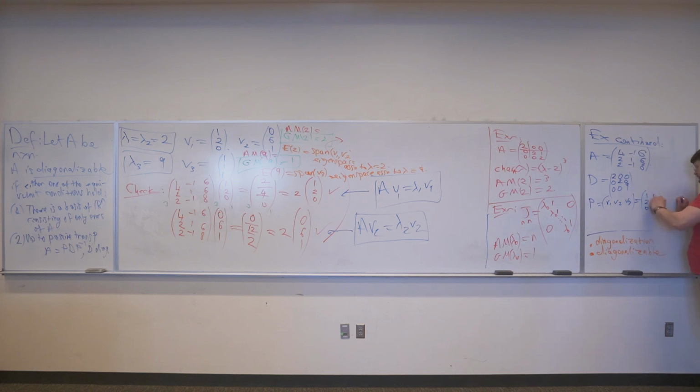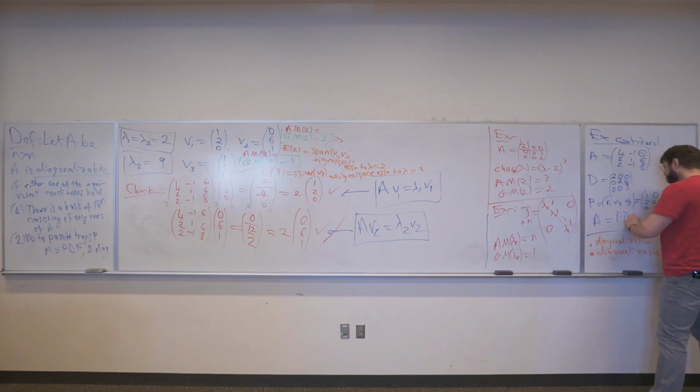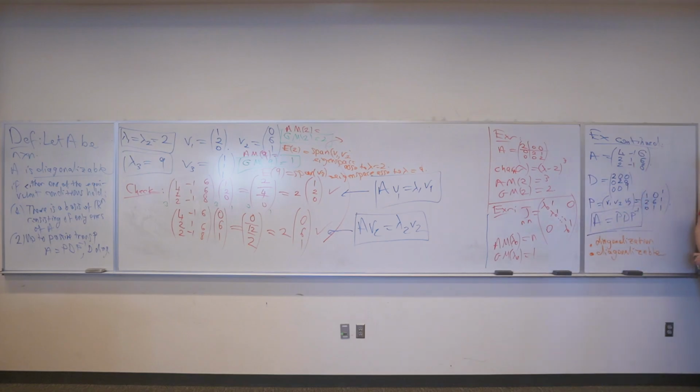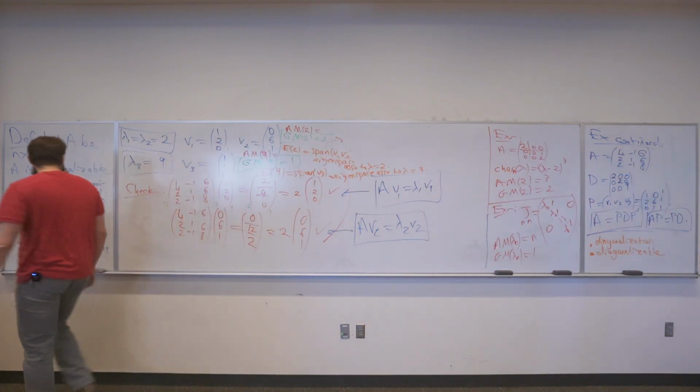Second vector is 0, 6, 1, and then the third one is 1, 1, 1. I'm saying that A equals PDP inverse. Okay, this inverse exists because these vectors are linearly independent. And then if you want to, instead of doing this, you can just multiply AP. If you multiply this and this, you're going to get P times D. So A is diagonalizable.